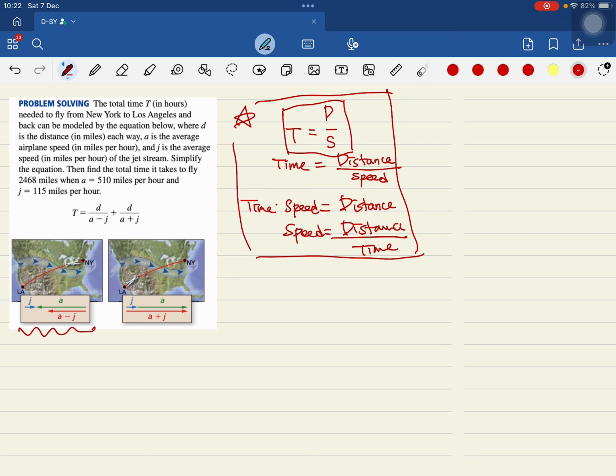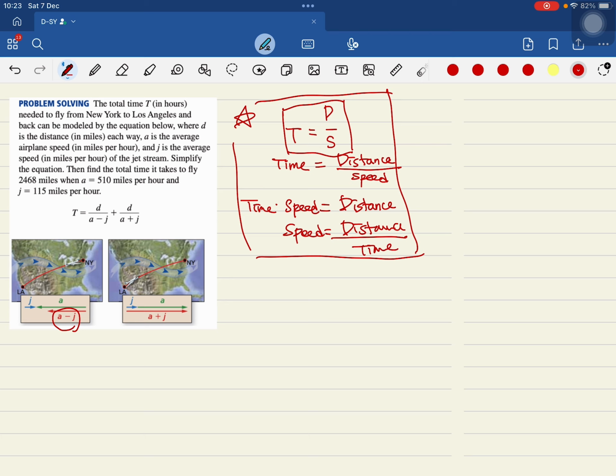The jet stream direction is like this, and the airplane direction like this. In this case, it is disturbed by the jet stream. The practical speed of the airplane tries to go faster, but because of this opposite jet stream, it cannot go as fast as it wants.